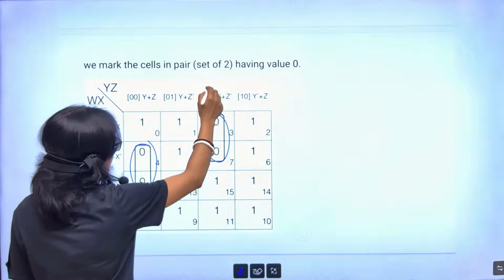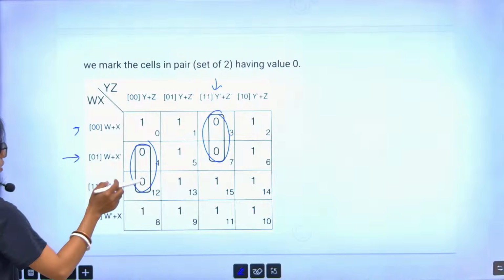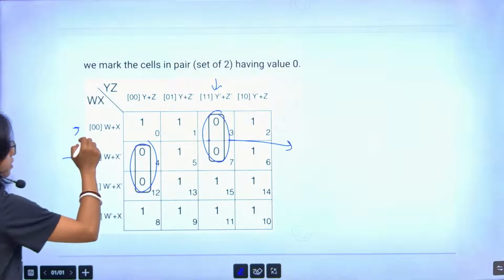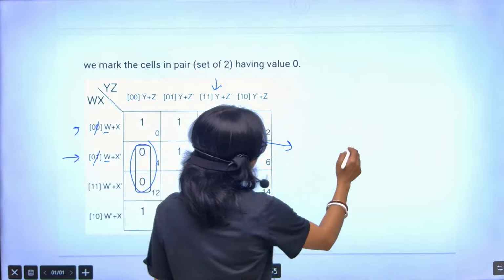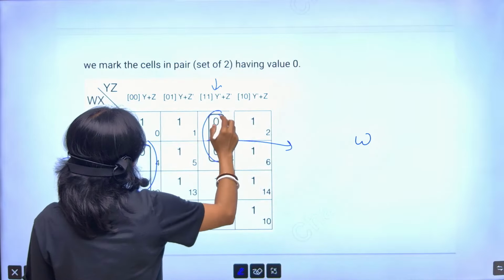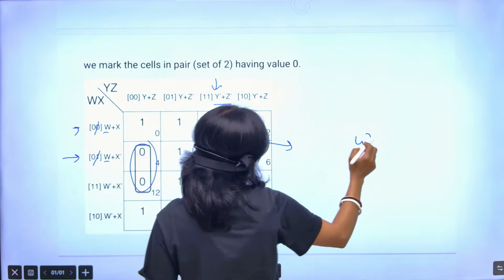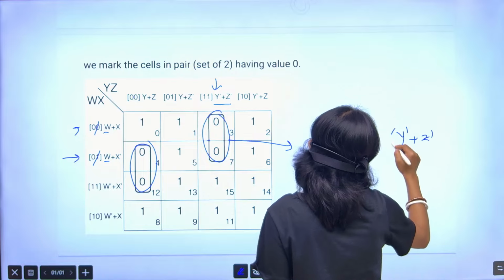As this column is involved and these 2 rows are involved here, from this one, what answer am I getting? 0 1 cancel, 0 0 left, that means it is W. So I can write W left here, and after that you can see this y bar plus z bar.